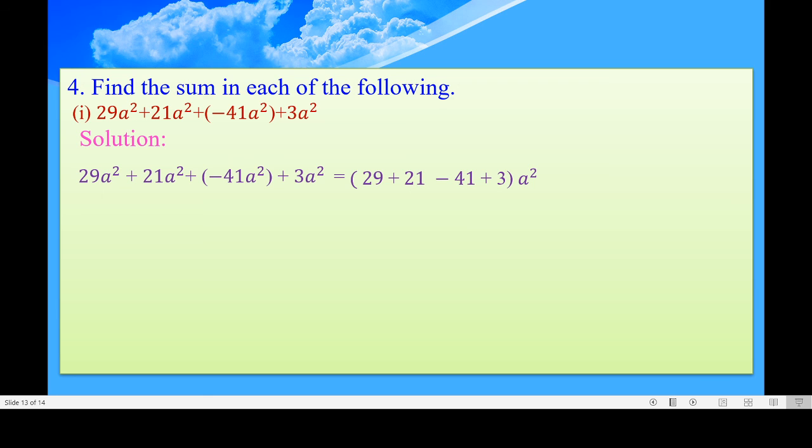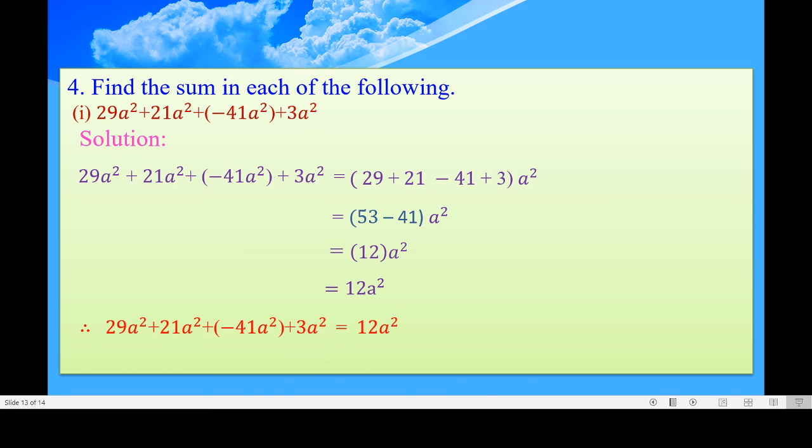Now add all the positive numbers and keep it separate. So 29 plus 21, which is equal to 50. 50 plus 3 equal to 53. And minus 41 into a square. So the answer is going to be 12 into a square, which is equal to 12a square. Therefore, 29a square plus 21a square plus minus 41a square plus 3a square, which is equal to 12a square.